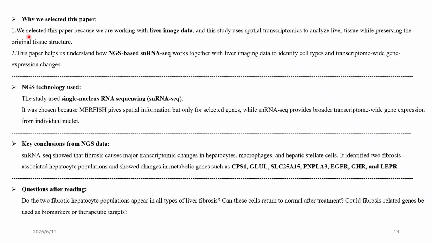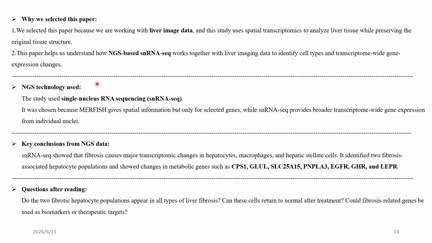So this is about why we selected this paper. We selected this paper because we are working with liver imaging data, and this study uses spatial transcriptomics to analyze liver tissue while preserving the original tissue structure. This paper also helps us understand how NGS-based single nucleus RNA sequencing works together with liver imaging data to identify the cell types and transcriptome-wide gene expression changes.